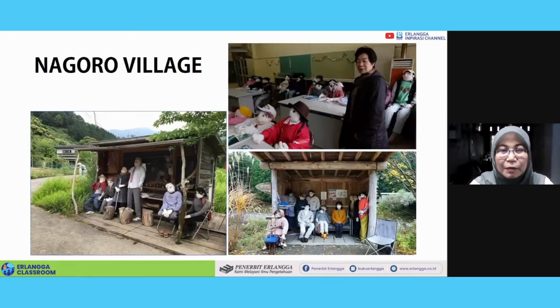Before we continue our discussion, I want you to look at these pictures. This is the pictures of a village called Nakuru in Japan. Adik-adik yang suka anime, ya. Or perhaps you also like to learn or to read or to watch about Japan.